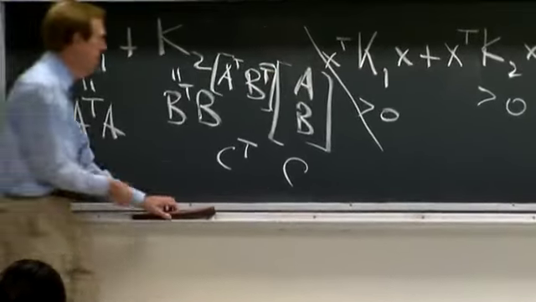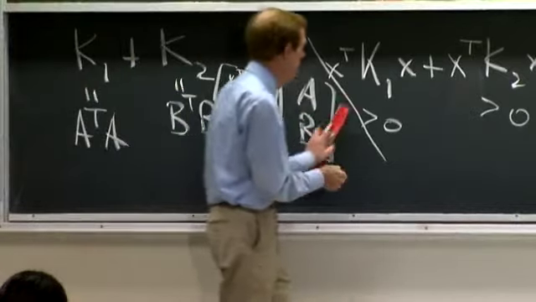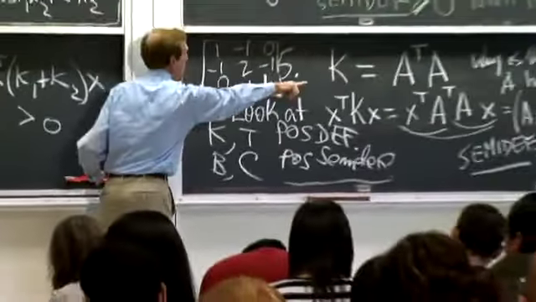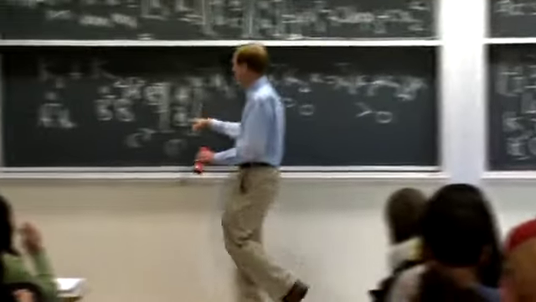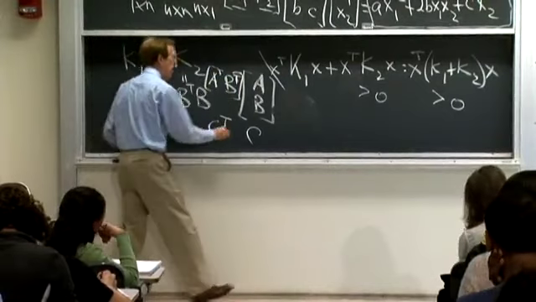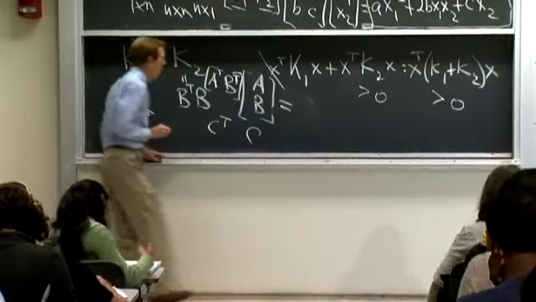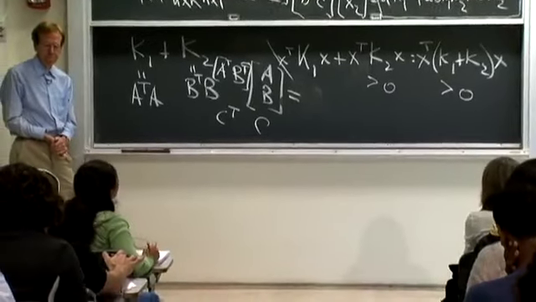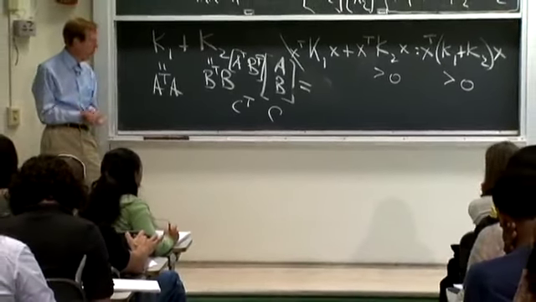And now I'm going to take C transpose times C, right? I'm calling it C now instead of A, because I've used the A in the first one, and I've used B in the second one, and now I'm ready for C. So how do you multiply block matrices? Again, you just have faith.